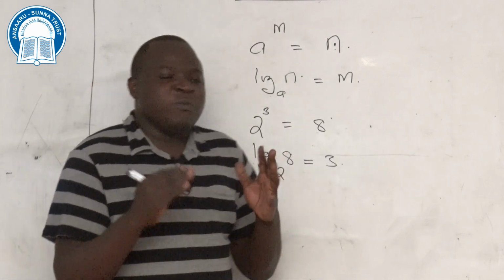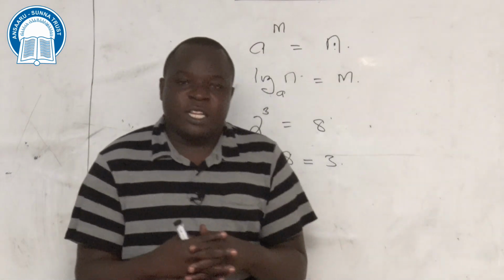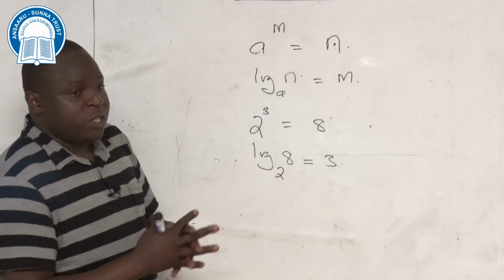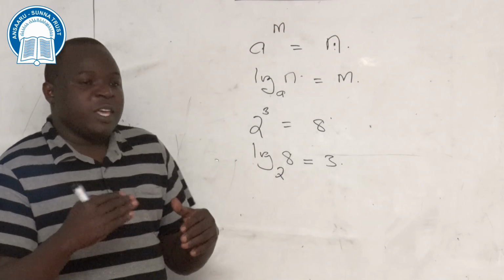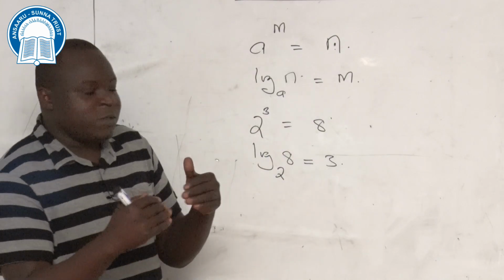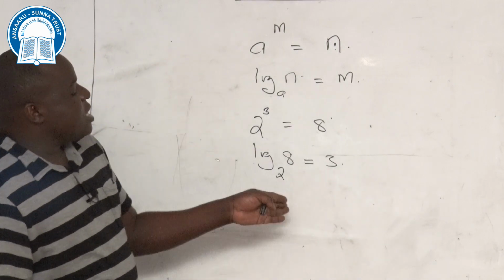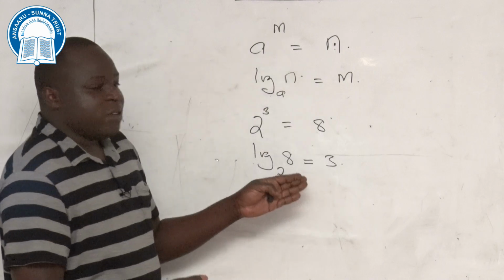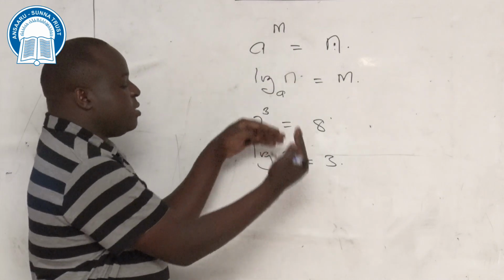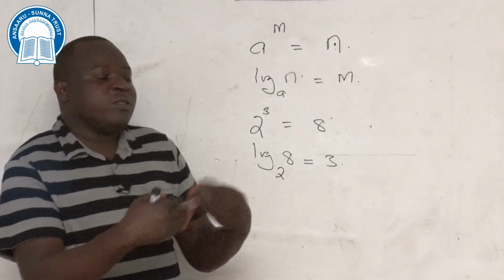You have to know this because it has its own application, mostly later on in the topic, especially if we are doing equations. For expressions, maybe not that much, but at least you must have the concept. It's not only changing indices to logs. You have to know how to change indices to logs and also logs to indices.